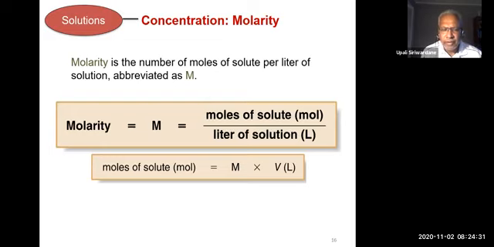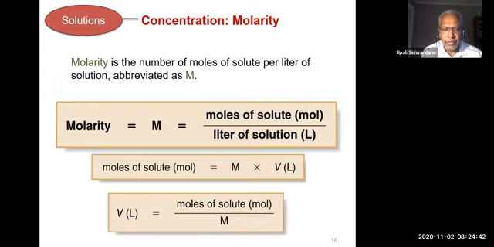That is used in stoichiometric calculations directly to get the moles of reactants or products. On the other hand, the moles of solute divided by molarity is the volume of the solution. If you are mixing volumes, you can convert moles to volume of the solution.